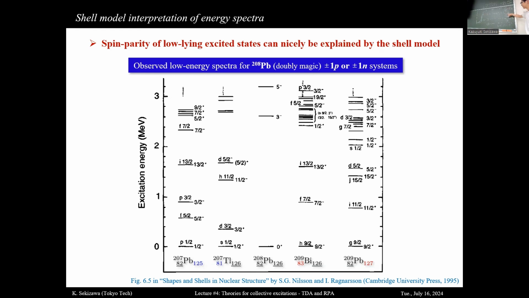So in this way you can count the number of states that can fill up to a certain energy, and you can find magic numbers at the shell closure. So this is just a preparation. Now let me try to explain those excitation spectra.